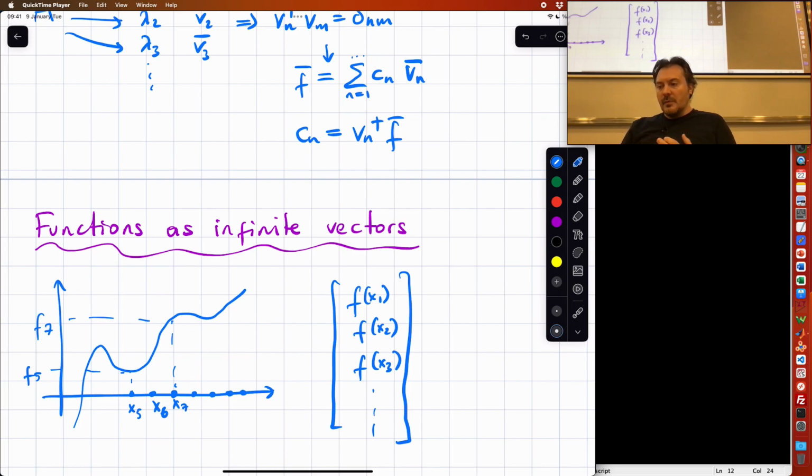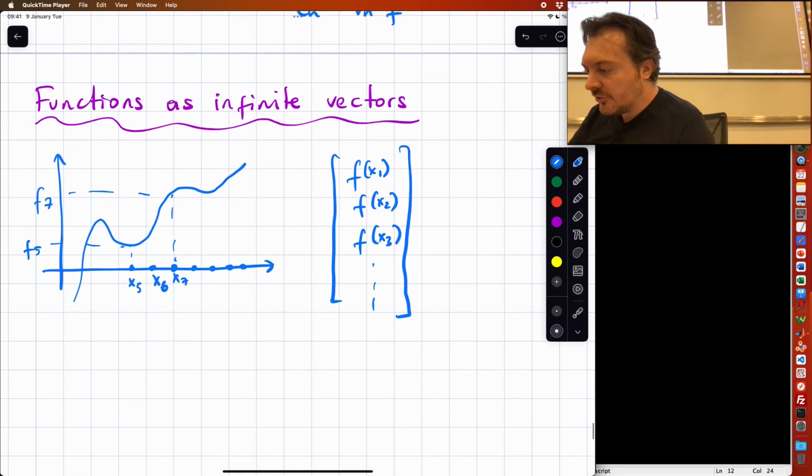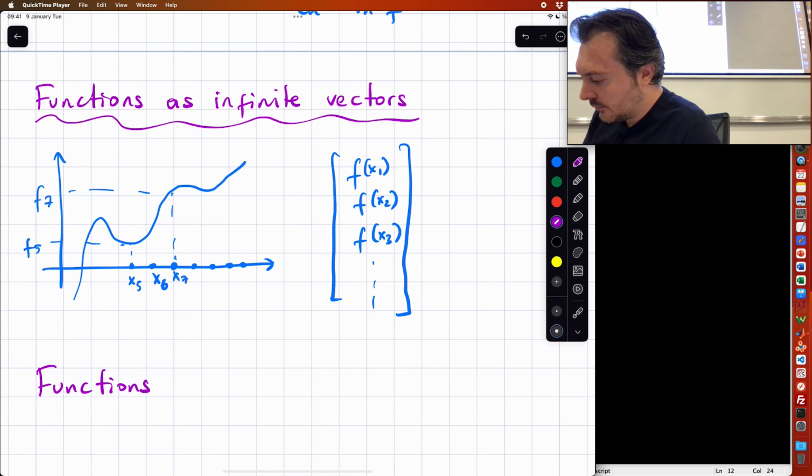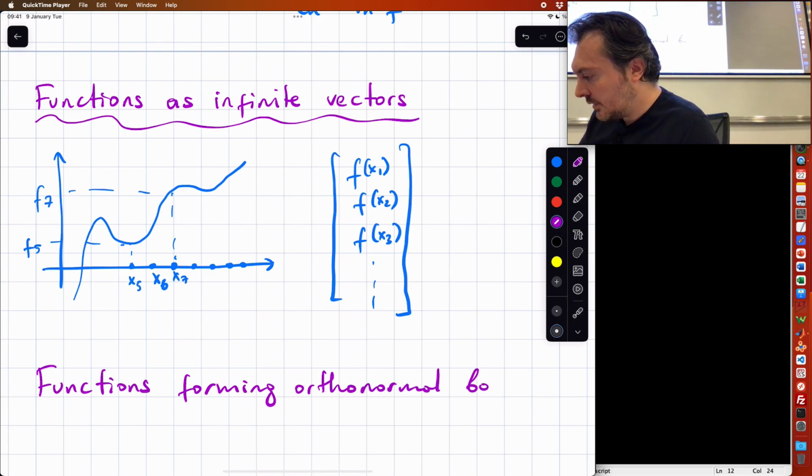Okay, now let's think about functions forming orthonormal bases. What could it mean?